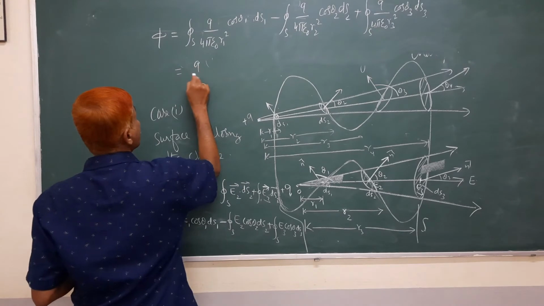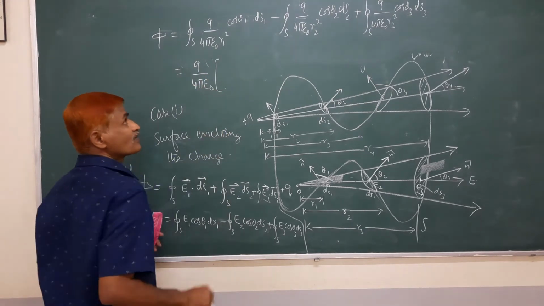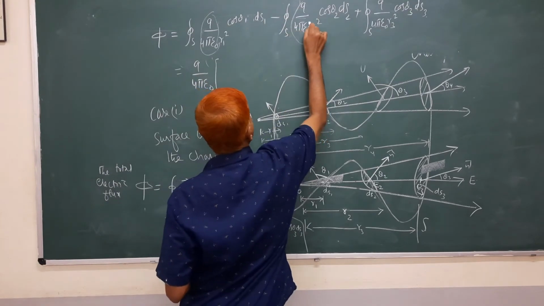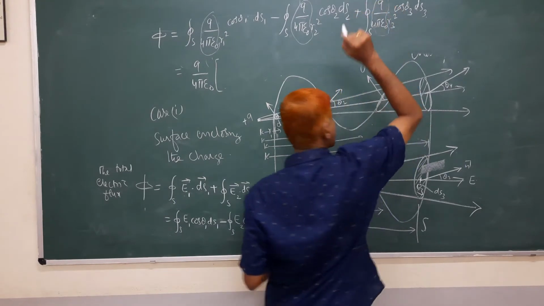And Q divided by 4 pi epsilon is common in all these, irrespective of the surfaces.